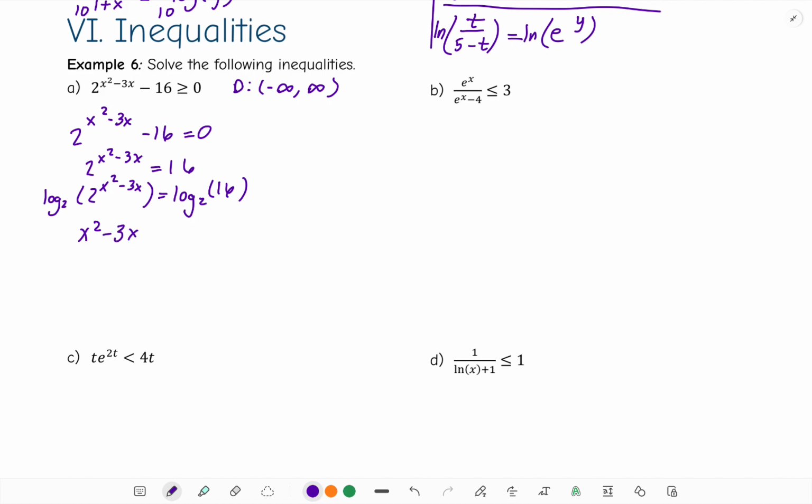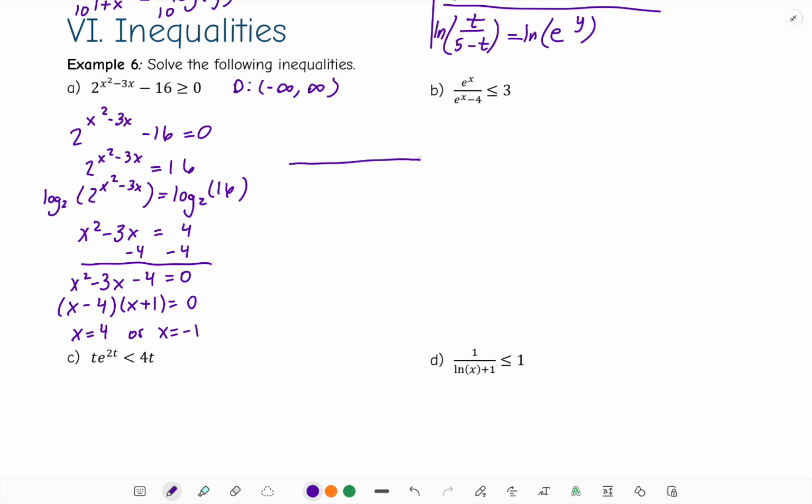And log base 2 of 16 is 2 to what power equals 16, which is 4. Now we have a quadratic equation, so we go ahead and subtract 4. X squared minus 3x minus 4 equals 0, which is (x minus 4)(x plus 1) equals 0, which is x equals 4, or x equals negative 1.